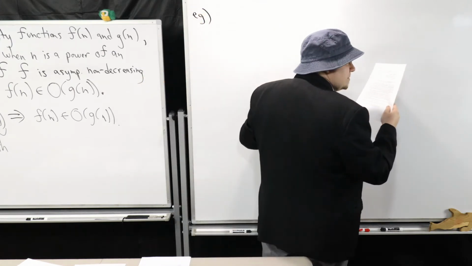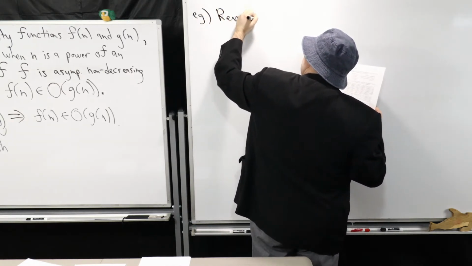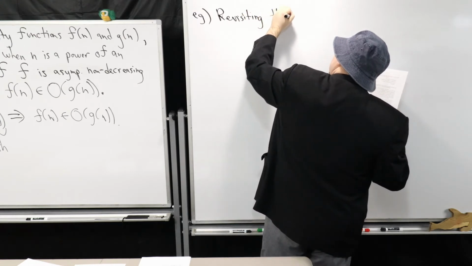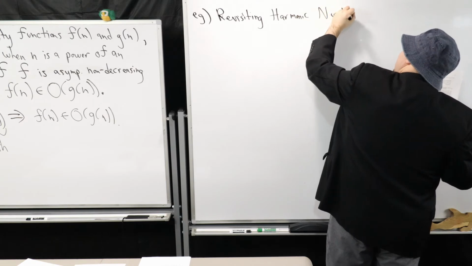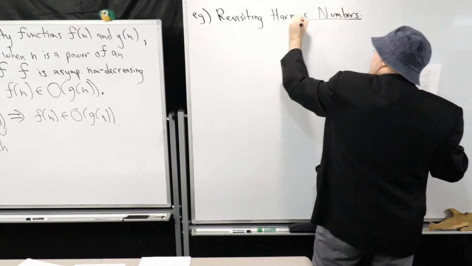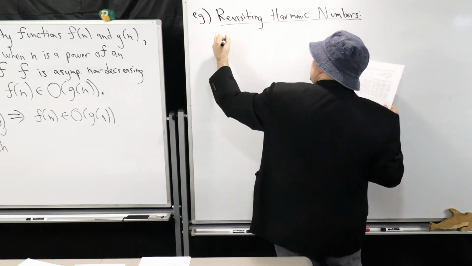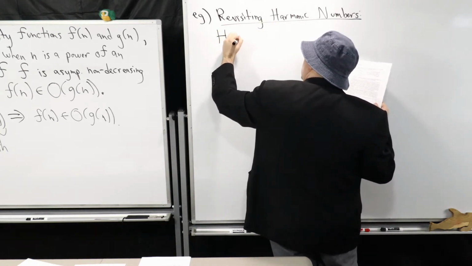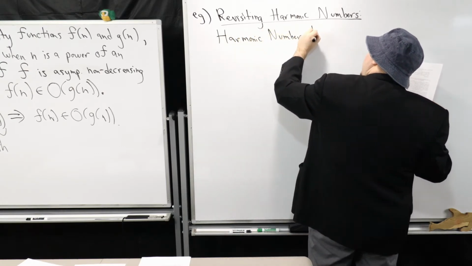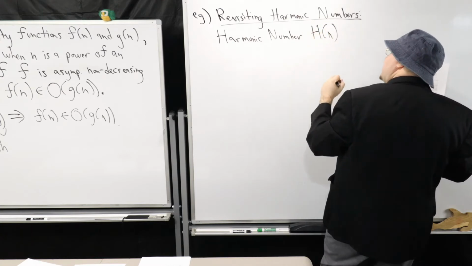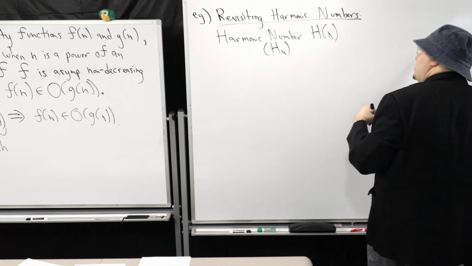So here's an example. I'm going to be revisiting harmonic numbers. If you haven't seen that video, I'm going to define what a harmonic number is. Recall that a harmonic number, which I'll call h of n like a function, I'll use functional notation, but oftentimes people will write h sub n, where n is a subscript.